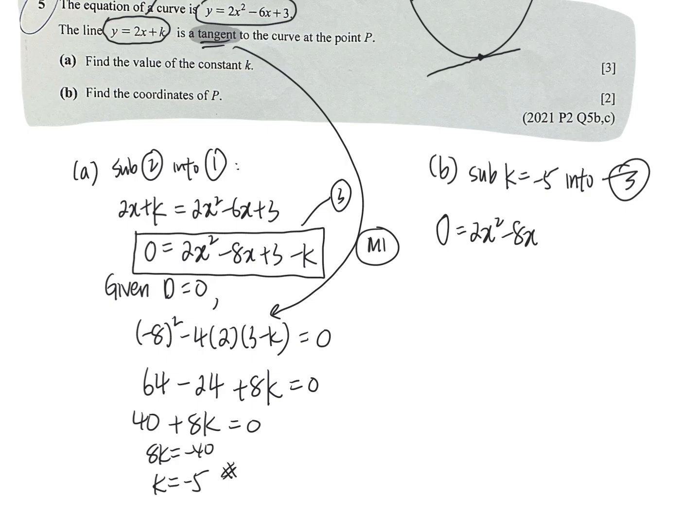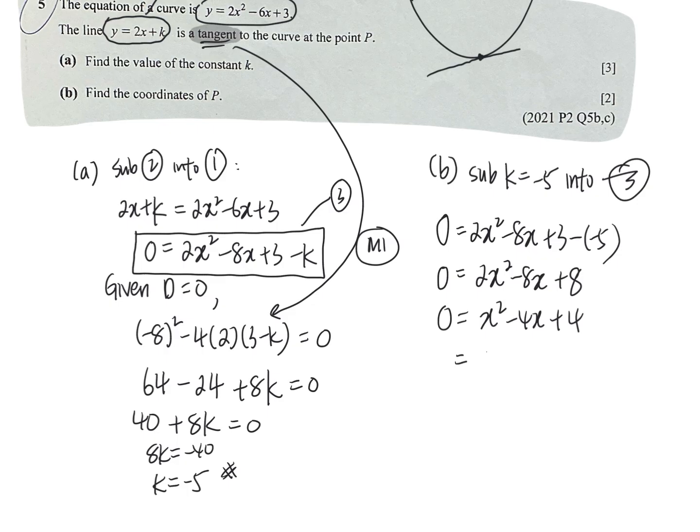Correct. Okay, so this is 2x squared minus 8x plus 8. So if I simplify, this is what I get. Okay, so once I'm done, in order to find the points of intersection, I need to solve this equation here.